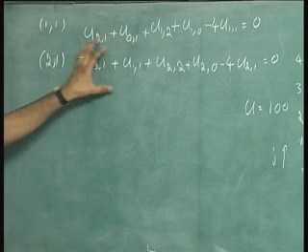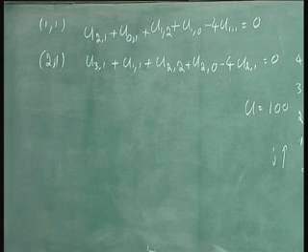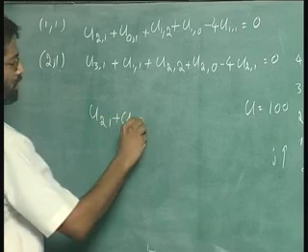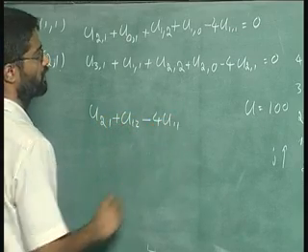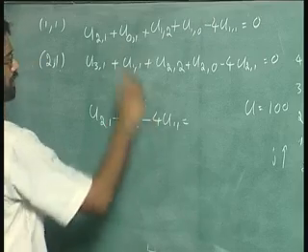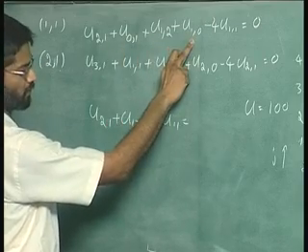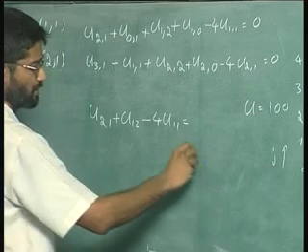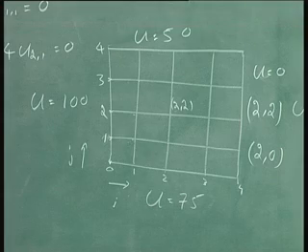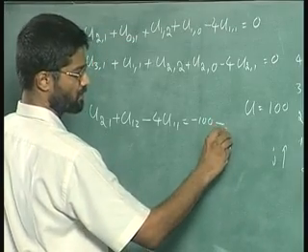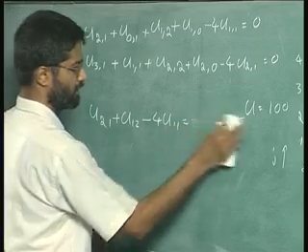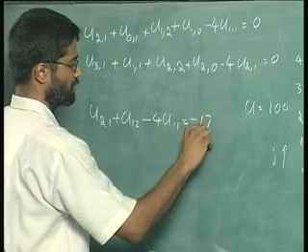Finally, when we write this equation, for example here you will get u21 + u12 - 4u11 = -u01 - u10. So minus u01 is minus 100, minus u10 is minus 75, so the right-hand side is minus 175.